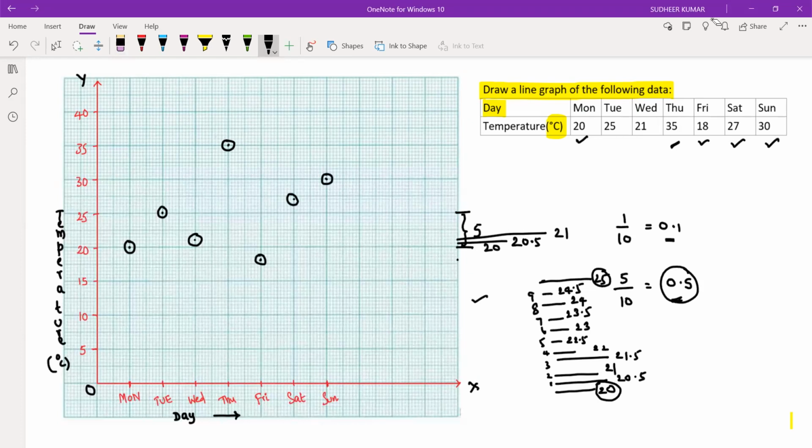Now join these points using the scale. So please use the scale. This is the line graph of the given data.